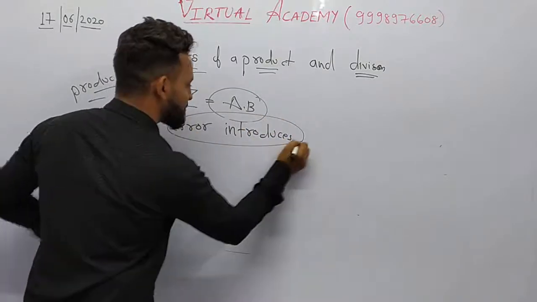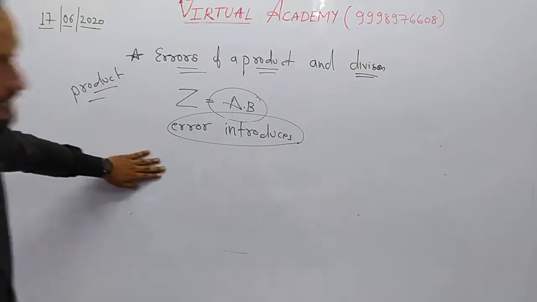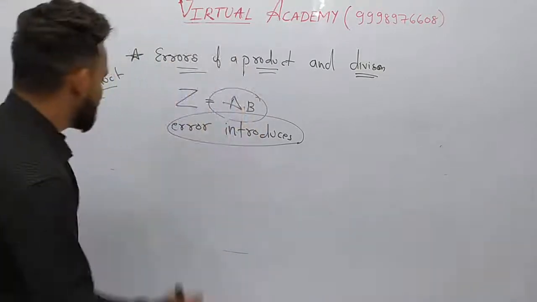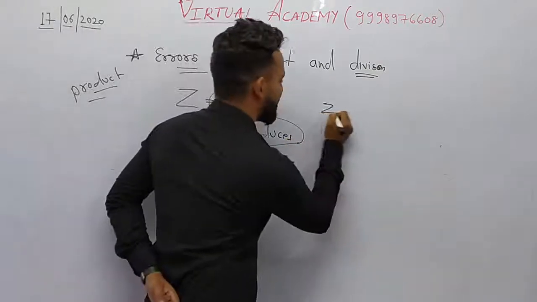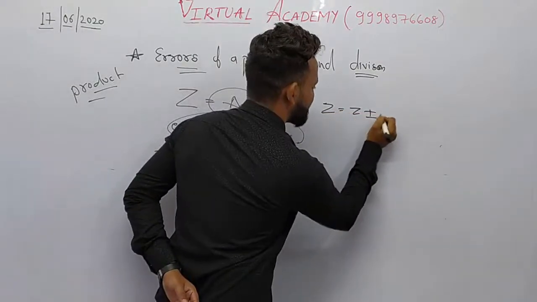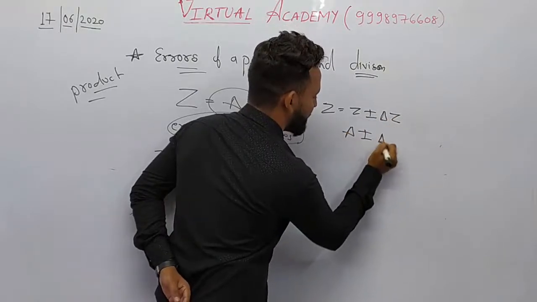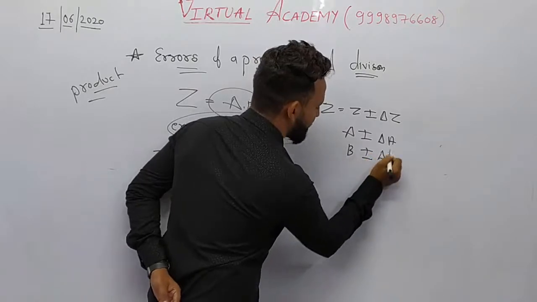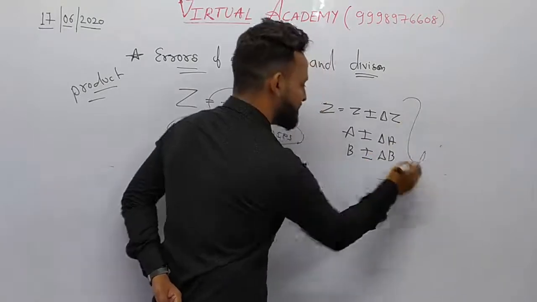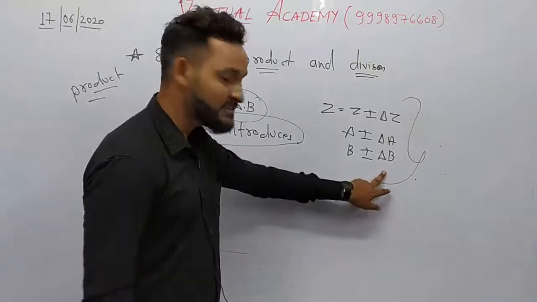So what does this equation become? For Z it is Z equal to Z plus minus delta Z. For A it's A plus minus delta A. For B it's B plus minus delta B. Clear? We have to follow these three things in all places.